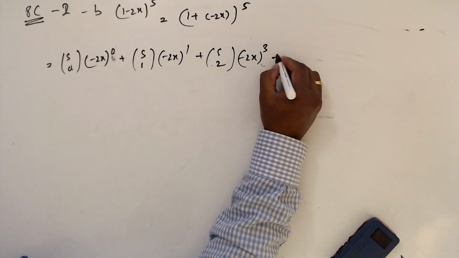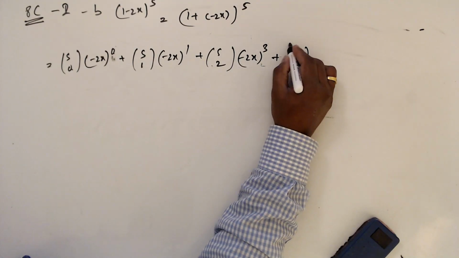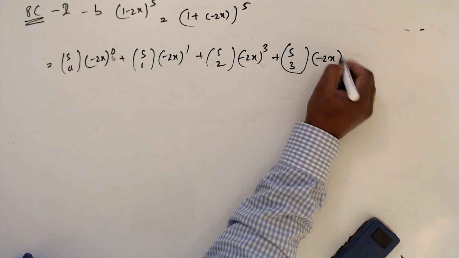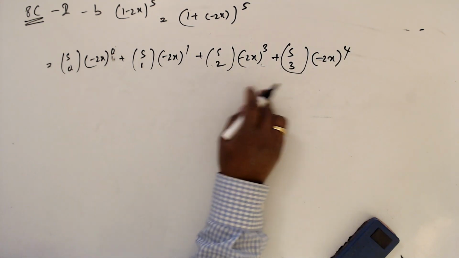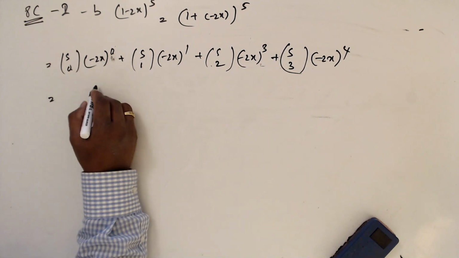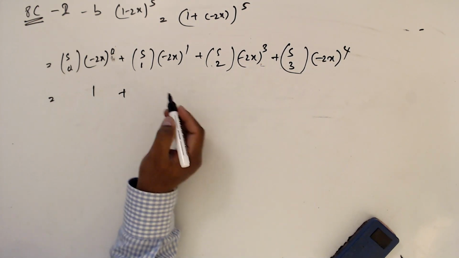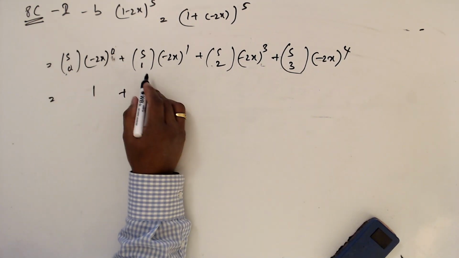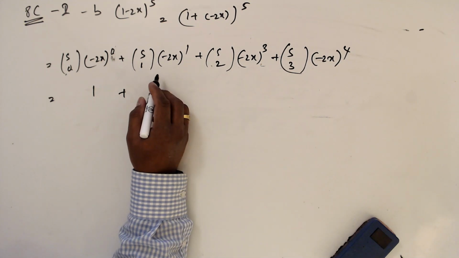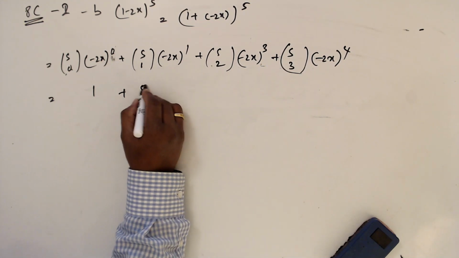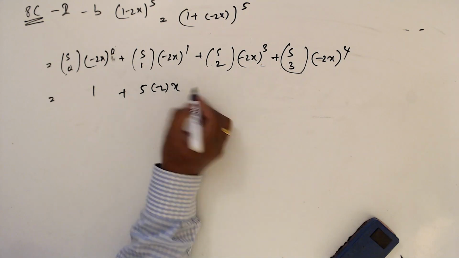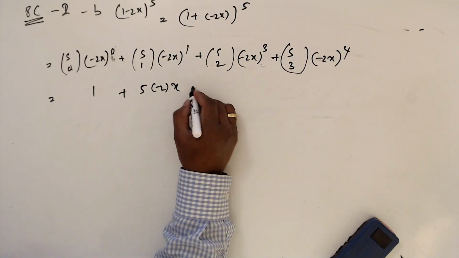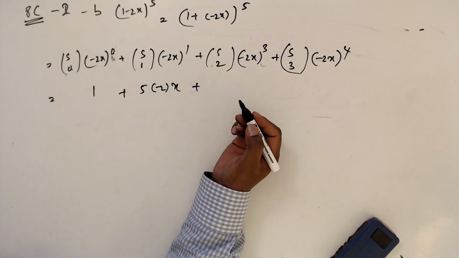and 5C3 minus 2x cubed, and 5C4 minus 2x to the 4, and 4 times. This is going to be 1, this is 1 and this is 1, and this is 5 times minus 2x and 5C2.